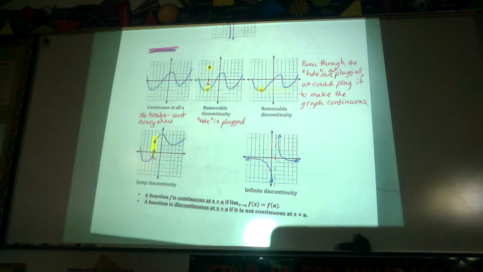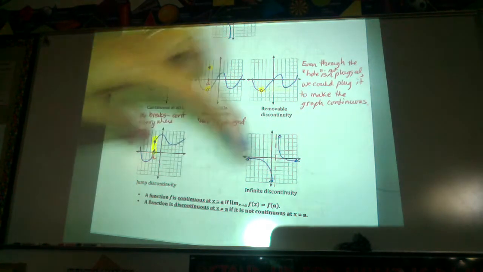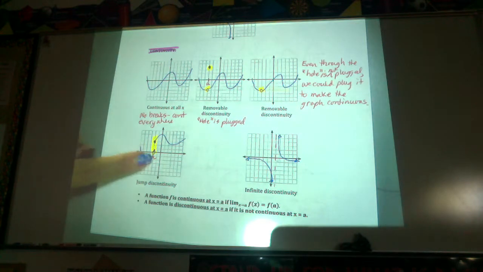There is no plug on this one. And I'd have to make a jump to get from one curve to the other. It's not a jump discontinuity though. These are visually different looking. This one has a hole in the plug. The infinite discontinuity does not. So questions about the differences of those. And this, by the way, is A again. It's discontinuous at A.